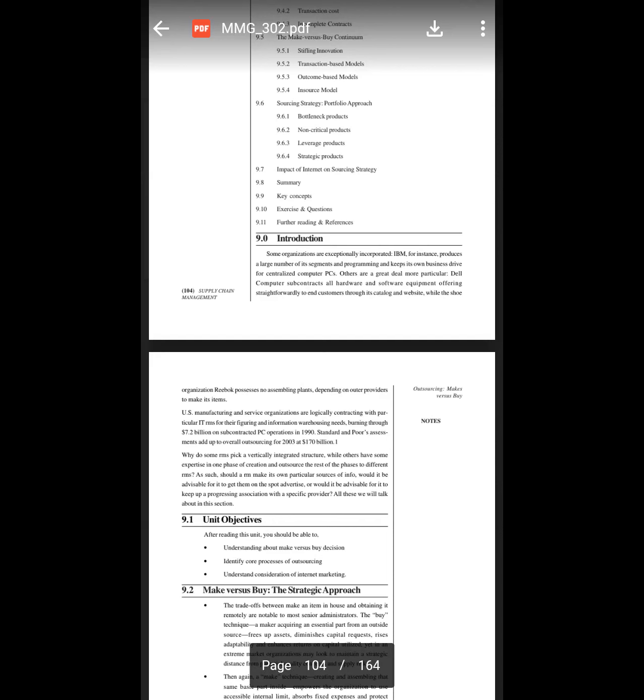Okay, make versus buy. Now see, there are lots of products available in the market, but not every product is sold. What's the reason for that? Because your product is there, but proper supply of goods is not there. I mean, you are not making a proper supply of goods. That's why in the given time that product is not available.